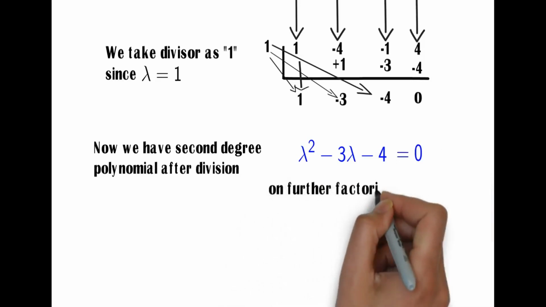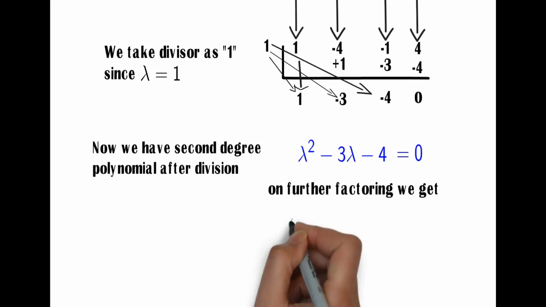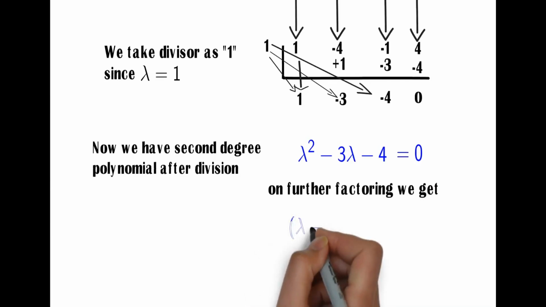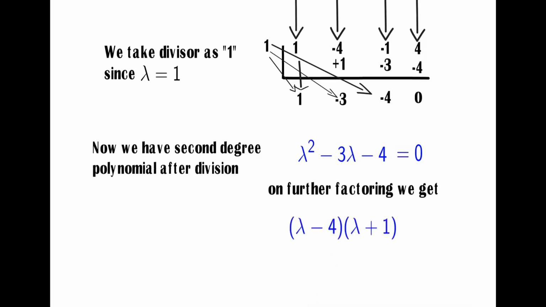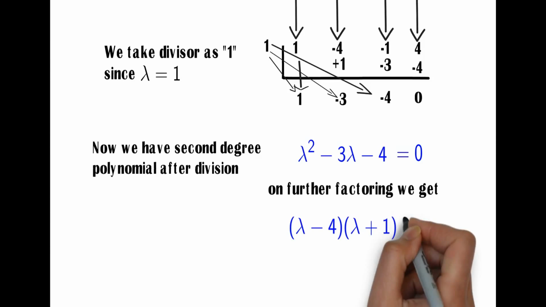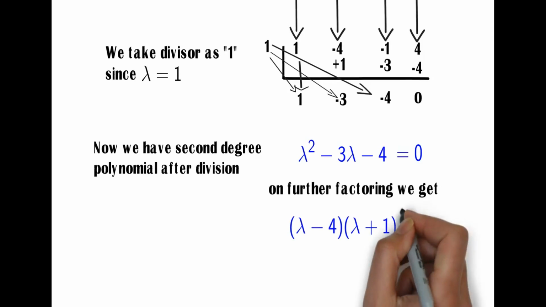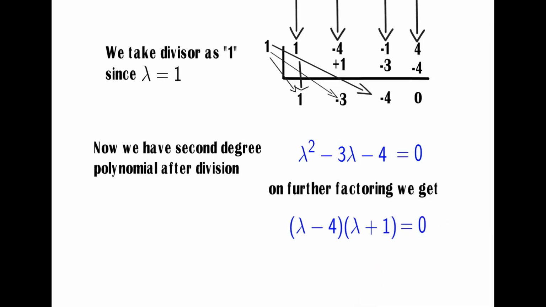On further factorizing, lambda square minus 3 lambda minus 4 equal to 0, we get the factors as lambda minus 4 into lambda plus 1 equal to 0. Then we get the result lambda equal to 4 and lambda equal to -1.